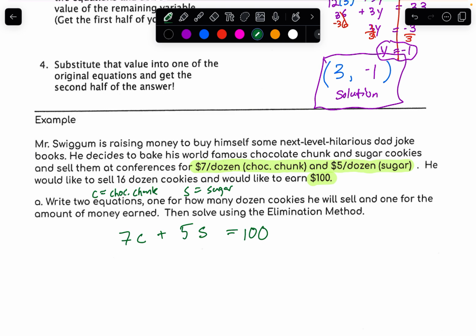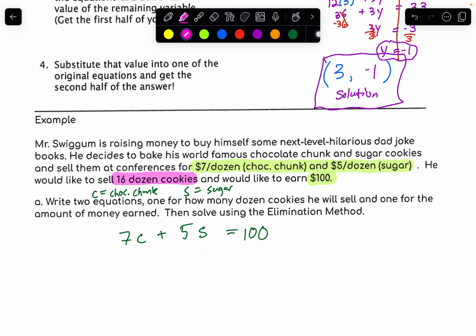Okay. The other one is related to the total amount of cookies. So the total amount of cookies is 16 dozen cookies. So between the chocolate chunk and the sugar cookies, 16 dozen.